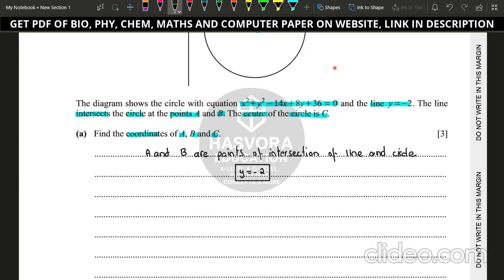So it will become x squared plus minus 2 whole squared, because I have substituted y, minus 14x, plus 8 into minus 2, and plus 36 is equal to 0. This will simplify to x squared plus 4 minus 14x and minus 16 plus 36. So minus 16 plus 36 is plus 20, and plus 20 plus 4 is 24. So this will give you x squared minus 14x plus 24.